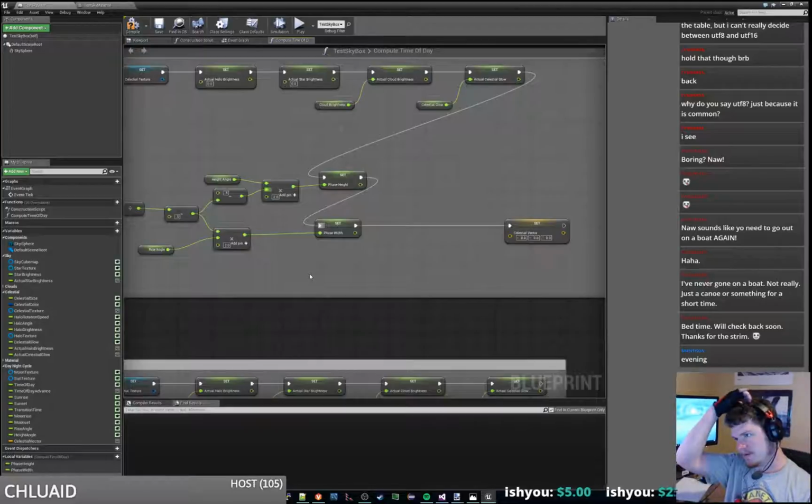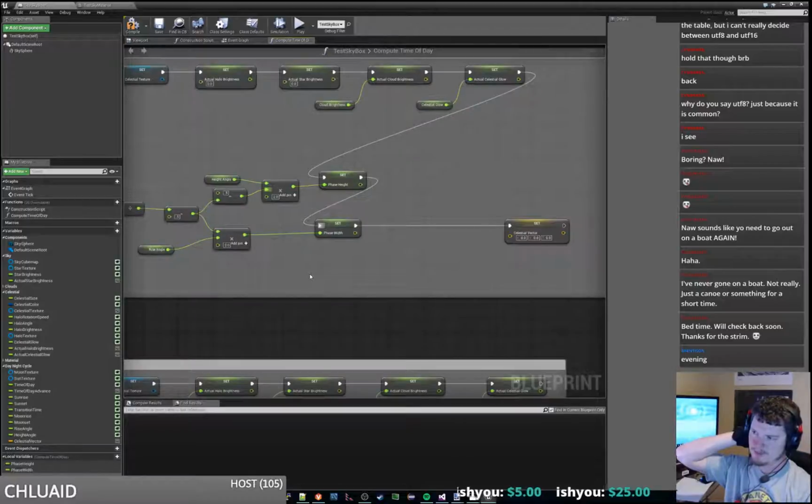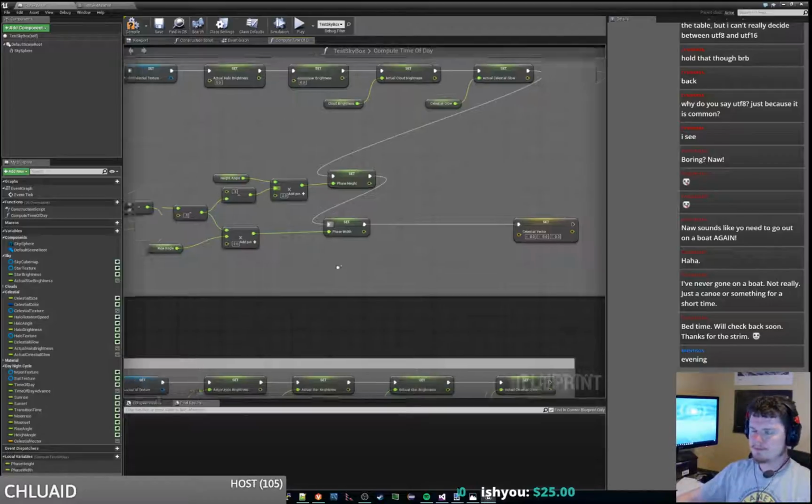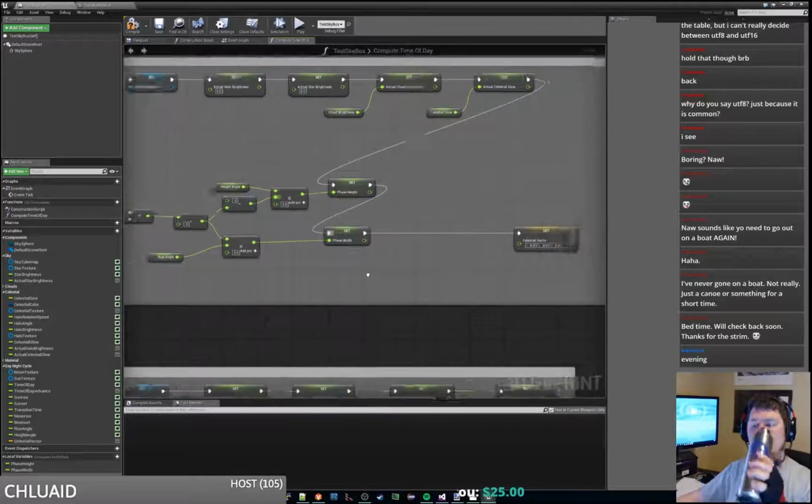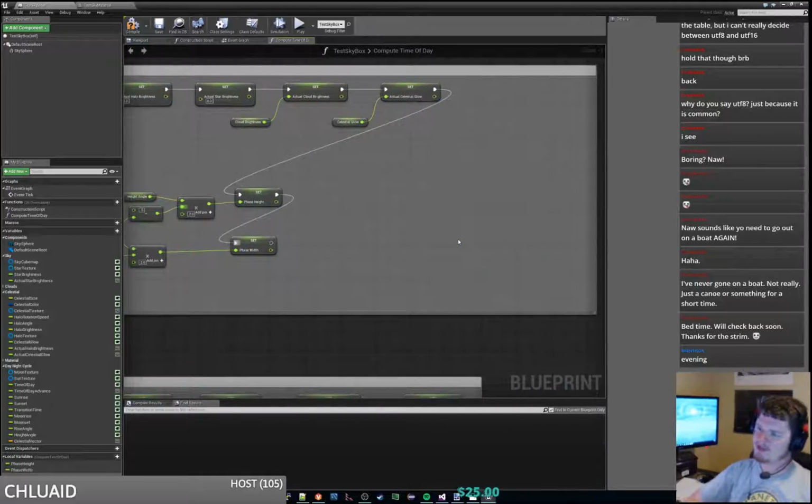Well, basically it's supposed to be a yaw and pitch sort of situation. We want to make a rotator based on that. We want to rotate a vector.